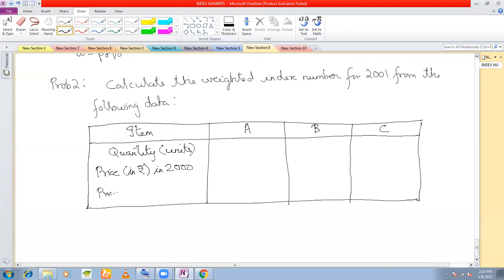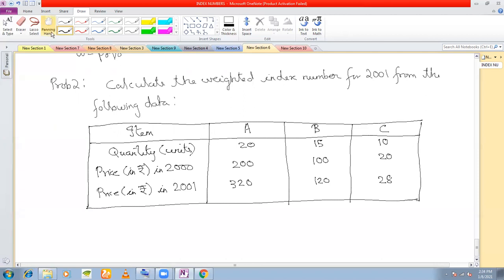Next, price in 2001. So you have 20, 15, 10. And here you have 200, 100, 20. I have 320, you have 120, and you have 28. This is what is given. Okay.